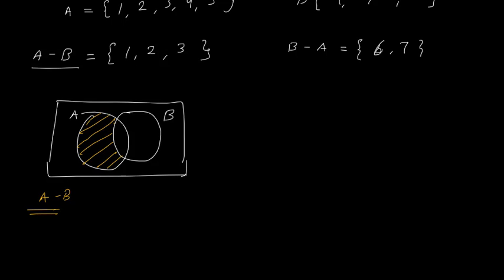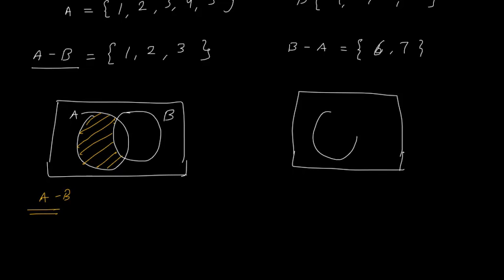Similarly, B minus A. Again, we take a universal set. This is our set A and this is our set B. Then in that case, B minus A is this part.